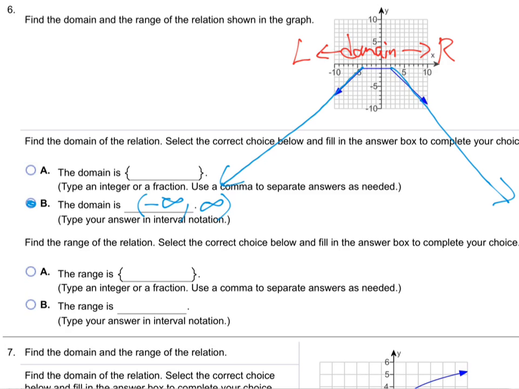And now, how about the range? How about the up and down? How low, how high? So remember, range is always bottom, top. So what's the bottom of that graph? What's the lowest point on that graph?